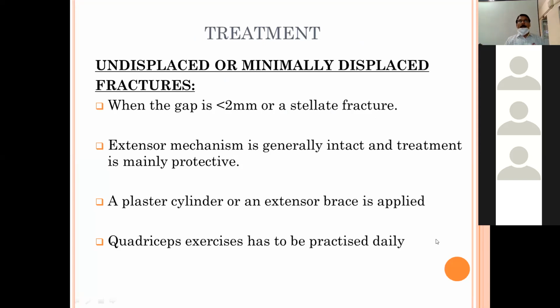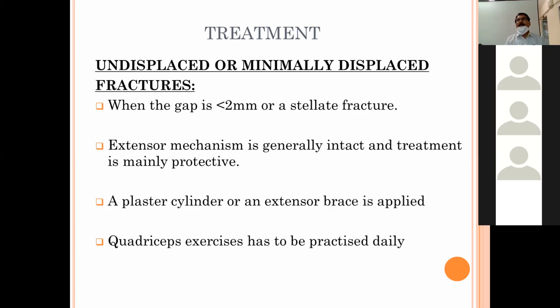So what is the treatment? Treatment is to try to bring the fragment back to its original position. In a case where there is no displacement of the fragment, as I said in the transverse fracture, or in a stellate fracture, there is no point in doing any operative treatment, because these fragments may unite if you keep them in this position for at least around 4 weeks.